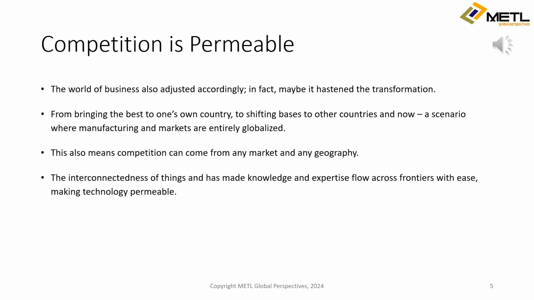The raw material comes from one side, the manufacturing happens in some other place, the markets are some other place altogether. This also means competition can come from any market and any geography. The interconnectedness of things has made knowledge and expertise flow across frontiers with ease, making technology permeable.